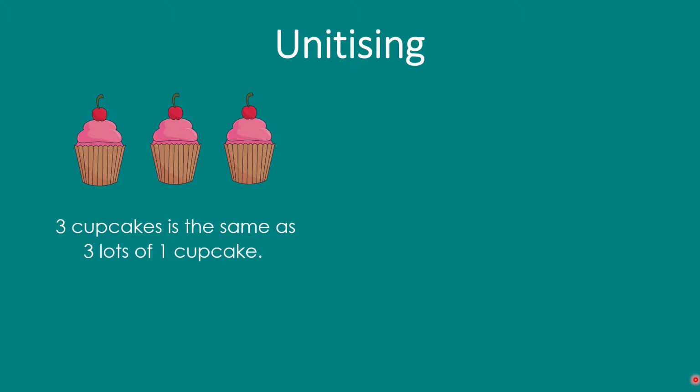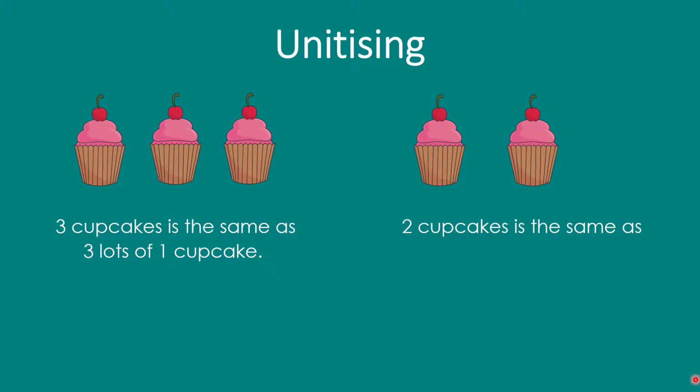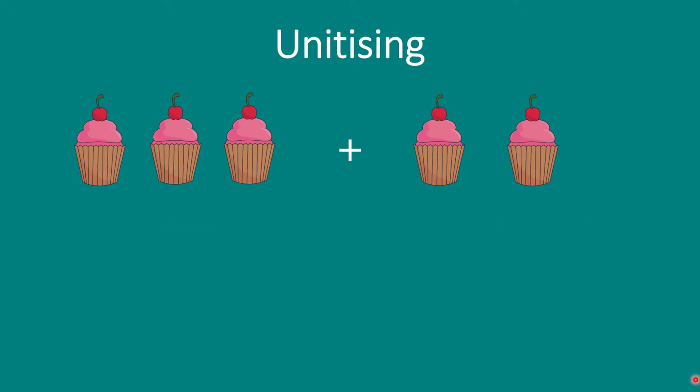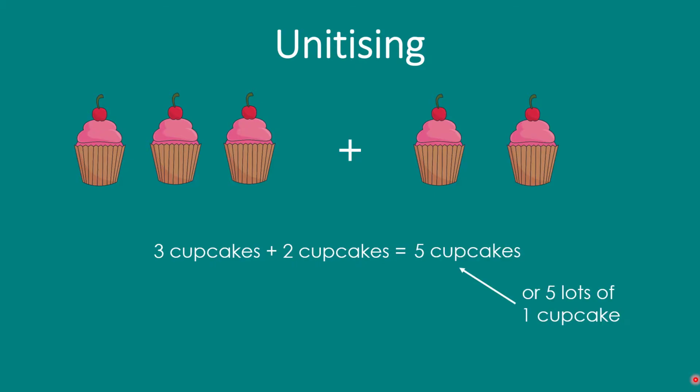So you can think of 3 cupcakes as one group of 3 cupcakes or 3 groups of 1 cupcake. And 2 cupcakes is the same as 2 lots of 1 cupcake. So if we're adding these amounts, what could we say? We could say 3 cupcakes plus 2 cupcakes is equal to 5 cupcakes, or 5 lots of 1 cupcake.